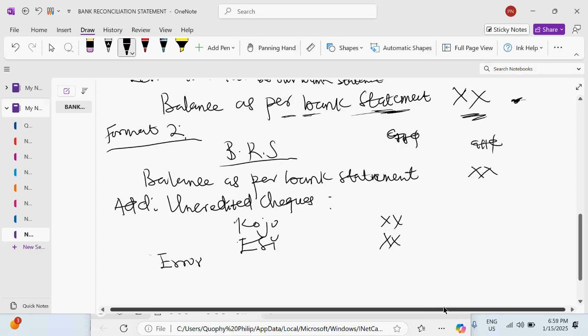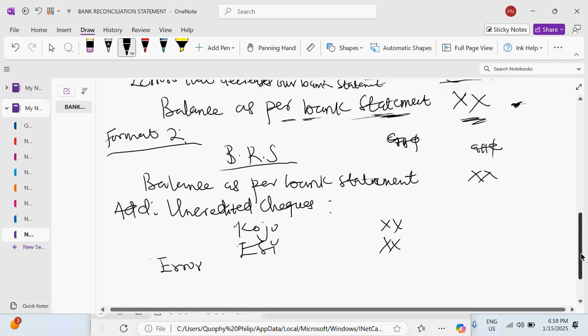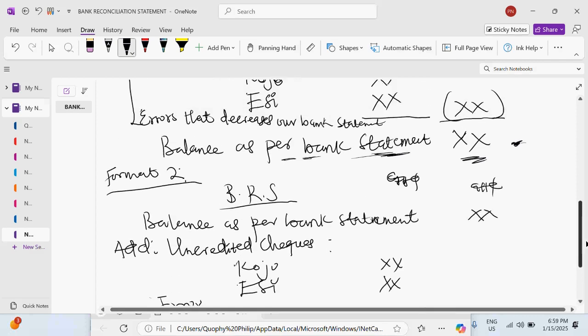Okay. Don't you think it will be errors that decrease our bank statement rather?